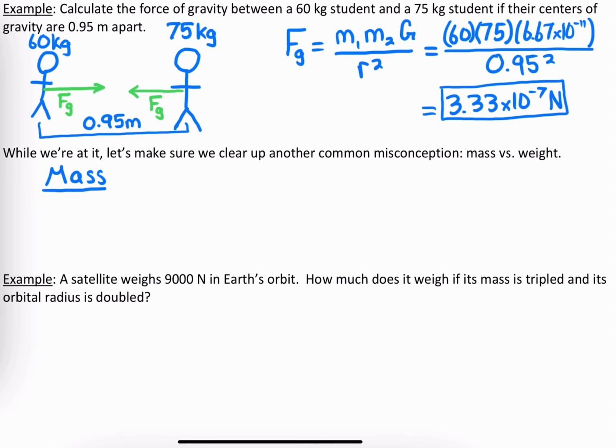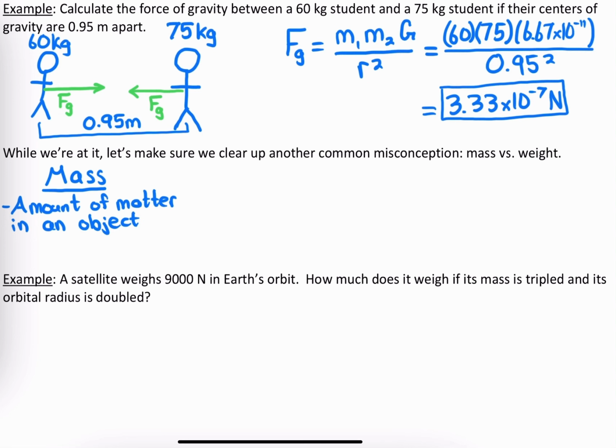I want you to think of mass as the amount of matter in something. So objects are made up of atoms. Those atoms have electrons and protons and neutrons. The electrons have basically no mass.